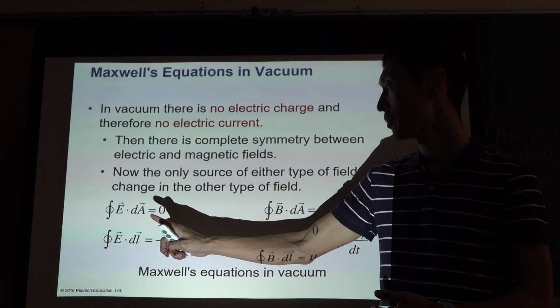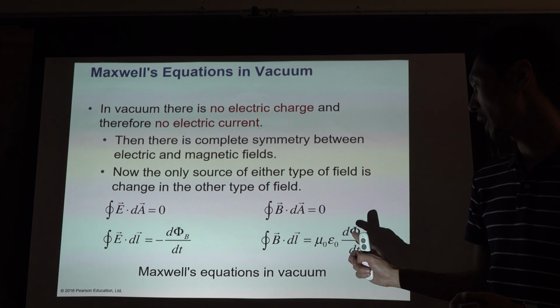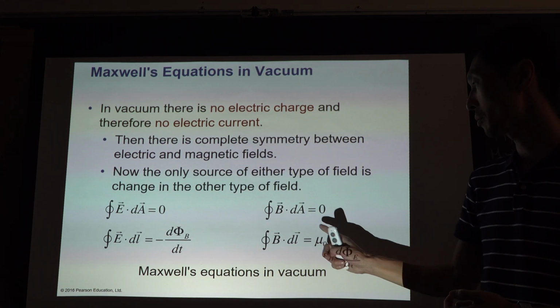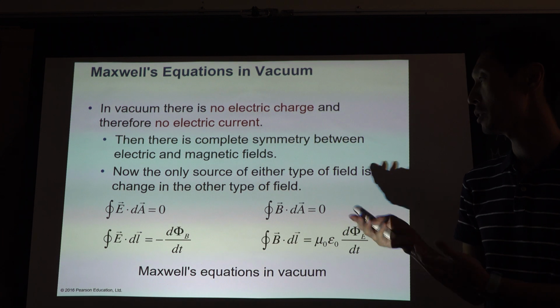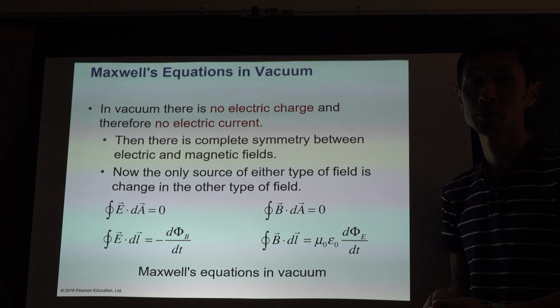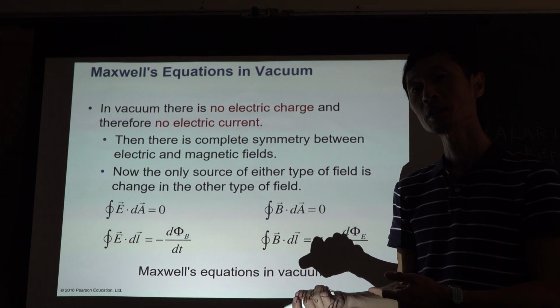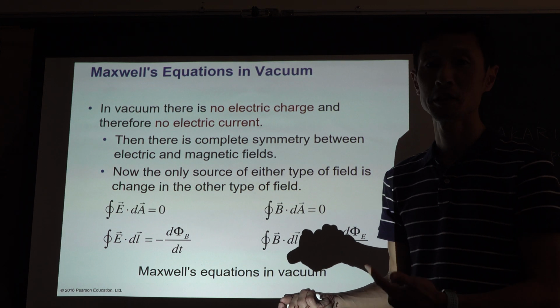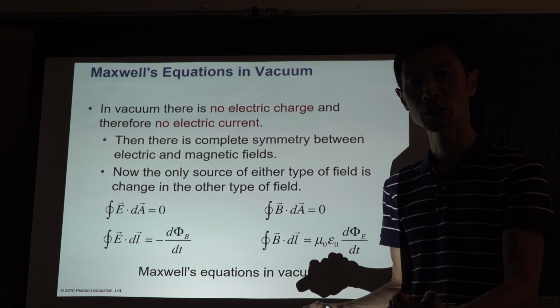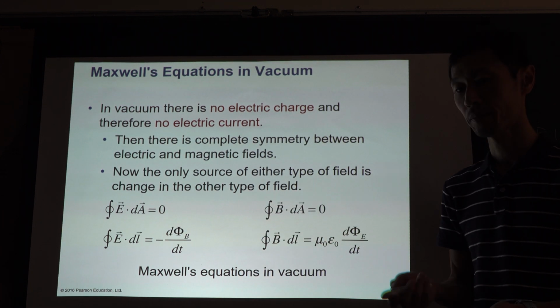Changing magnetic flux produces electric field, changing electric flux produces magnetic field. So this is Maxwell equations in vacuum. And the difference from reality is there are charges in the real world. So there's a charge and a current. So there will be Q here and there will be I here.